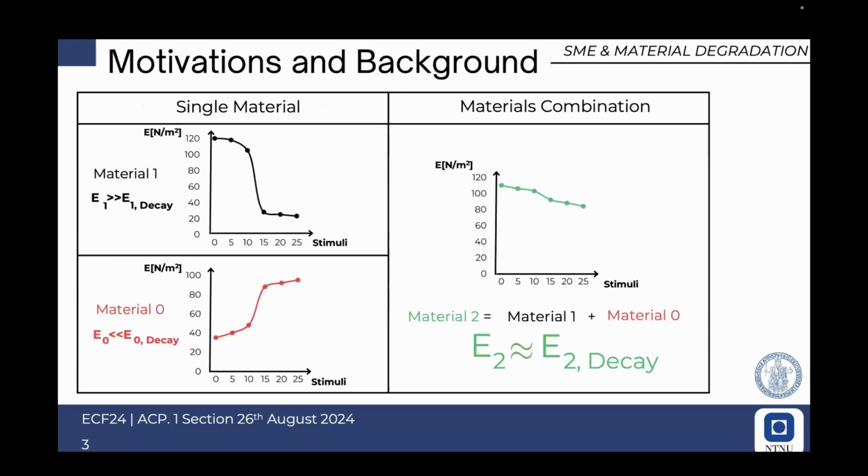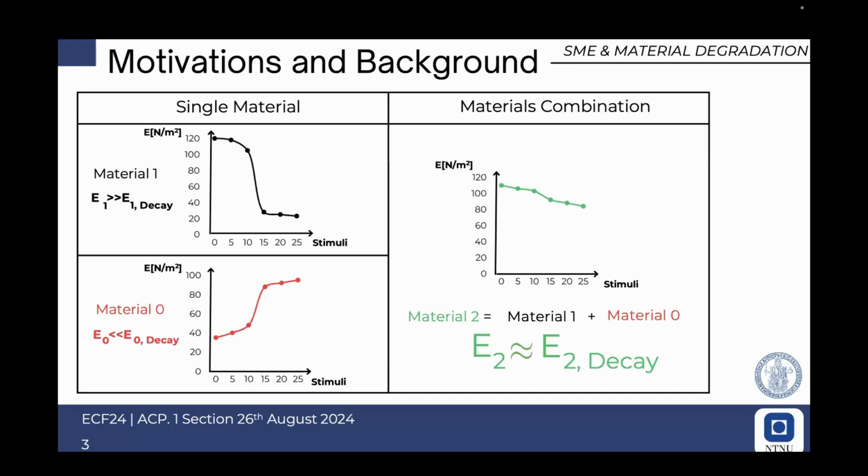So the idea of this study was born by our preliminary work with the shape memory polymer. And in particular, you know very well that as an example, a material like PLA, the polylactic acid, has this capability to deform temporarily, depending on the stimuli. So the PLA is sensitive to the temperature.